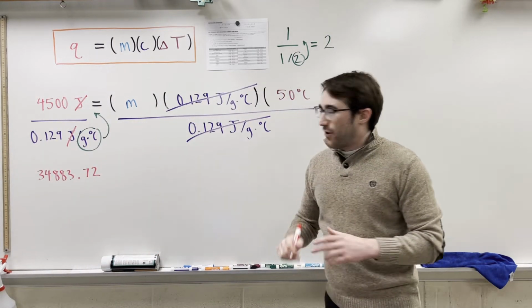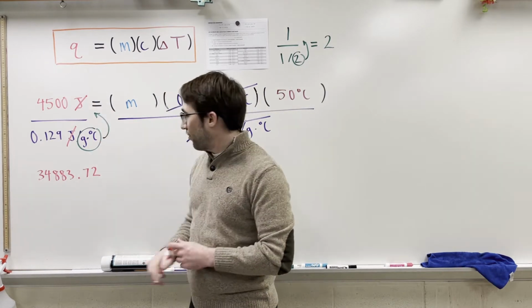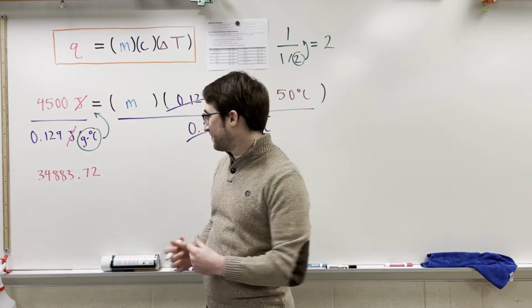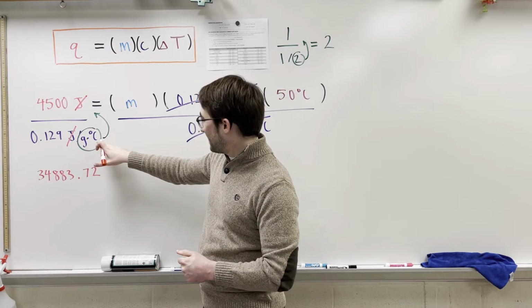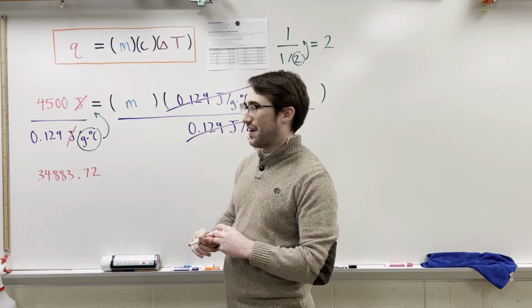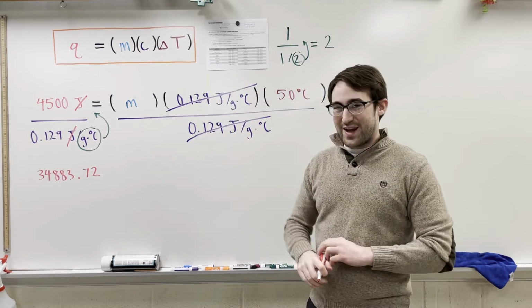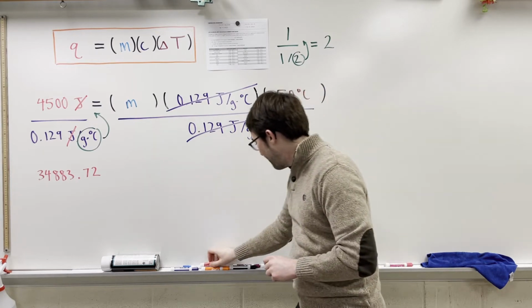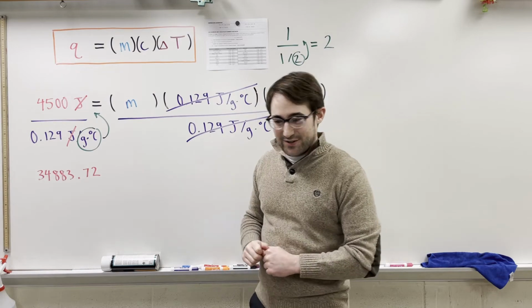Now, what about our units? Well, we've canceled out our joules, so those are gone. Now, these grams and degrees Celsius are flipping up to the top. Since we're dividing something that's divided, it undoes itself. It kind of goes back up on top. So this is going to be grams degrees Celsius as our unit here.